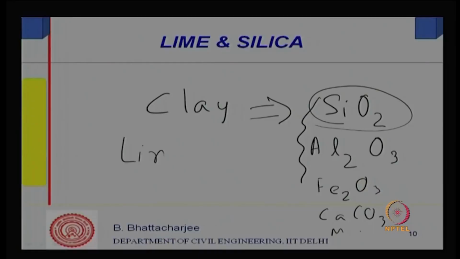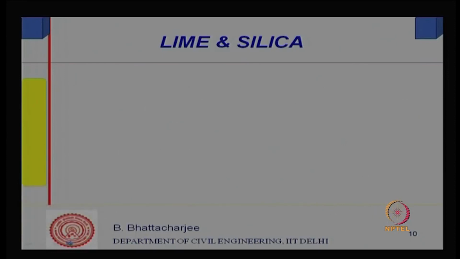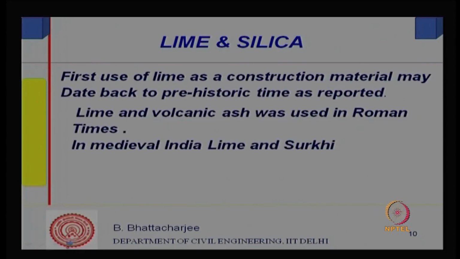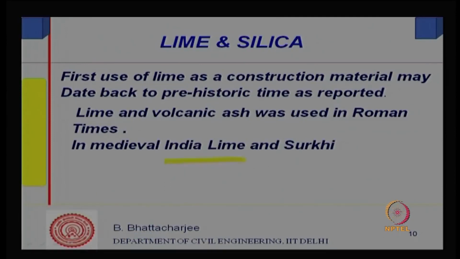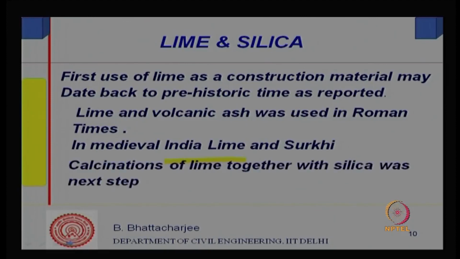So, fine amorphous silica can react with lime and give you a hard solid like stone. This is what was utilized in Roman time and even in India. Calcination of lime together with silica was obviously the next step.